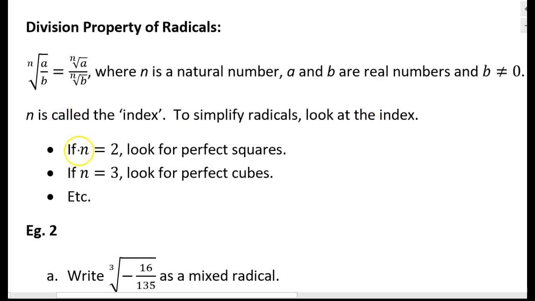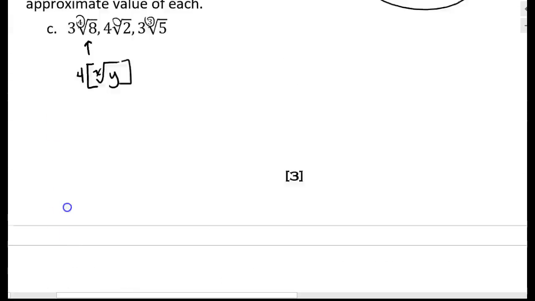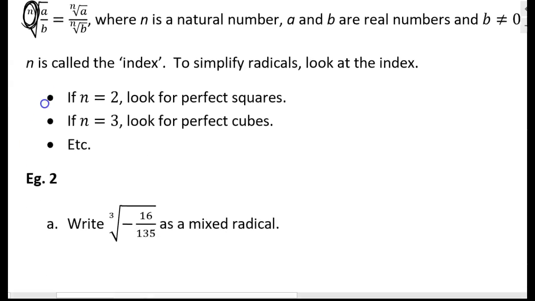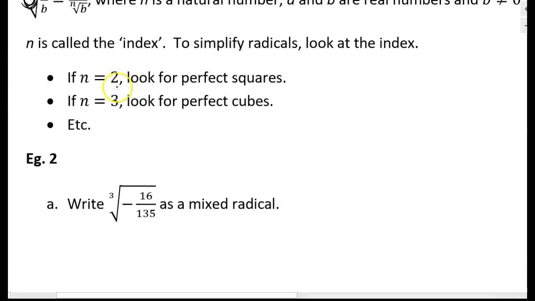Some key things to note is that n is this index out in front, and we have already seen that changing. Then n equal to 2 is looking for perfect squares. When n equals 3, we're looking for perfect cubes.